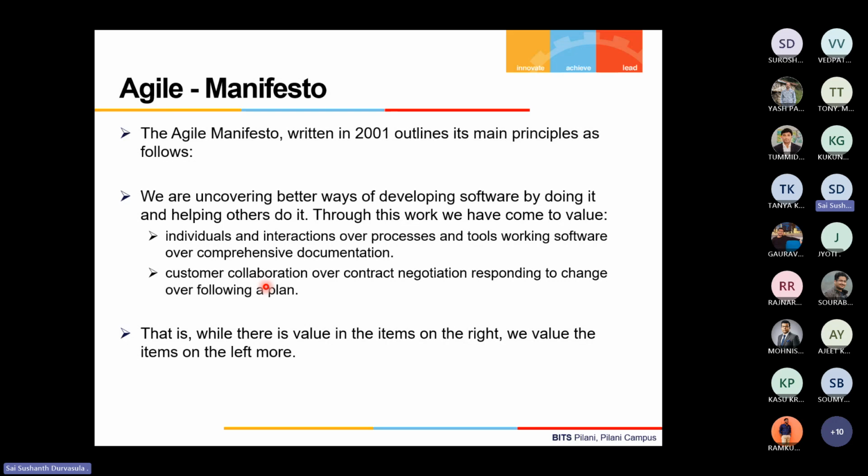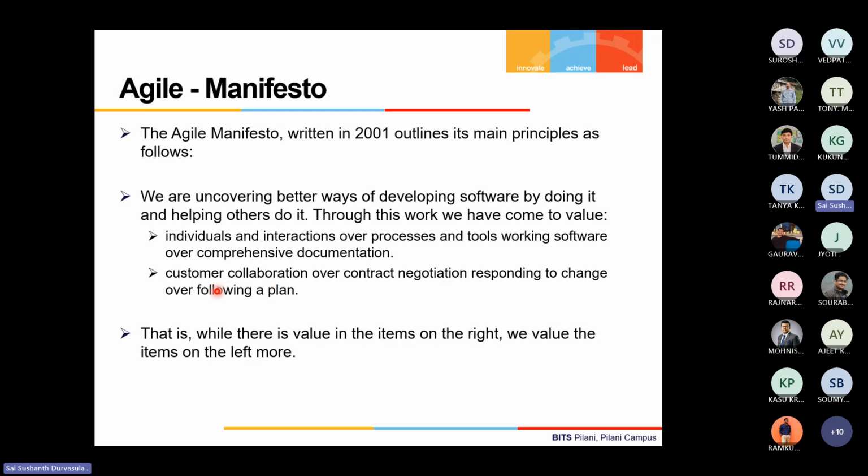The second concept here is that customer collaboration is given more emphasis and priority over contract negotiation. So earlier, what used to happen is we used to stick to whatever had been made as part of the SLA or service level agreement, whatever had been negotiated. And if the customer comes back and asks for something else or changes the requirement or asks for additional features, we would strictly say we never committed to that, it wasn't in the original contract, so we'll not be able to accommodate this.